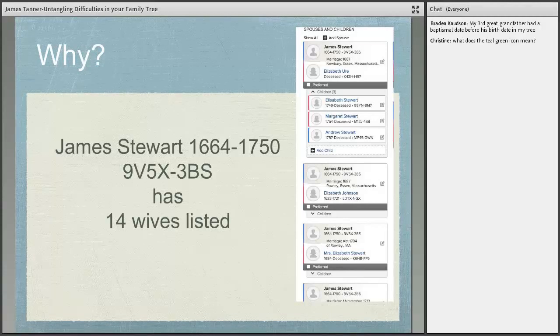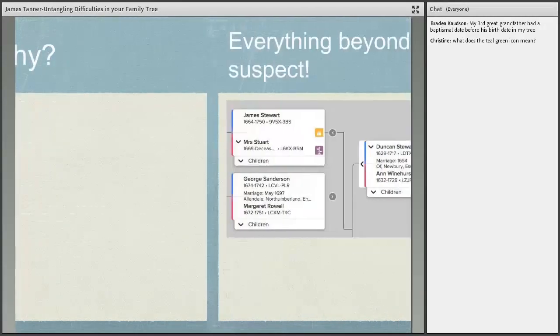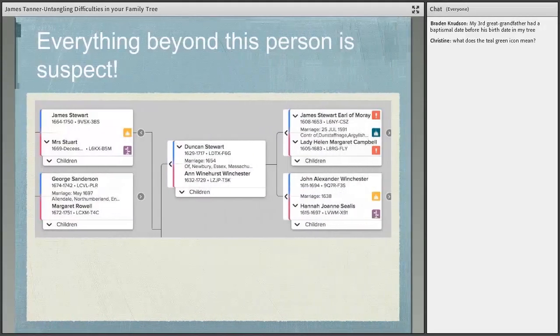Oh, okay, we got a question. The teal green icon generally means, and I'm assuming, I'll go back to that teal green icon with the temple on it. I guess that's what you're talking about. The teal green icon means that someone has reserved that particular temple ordinance so that it may be available.